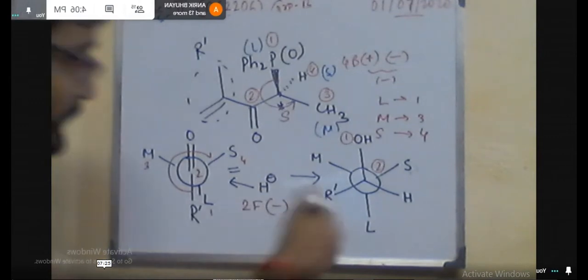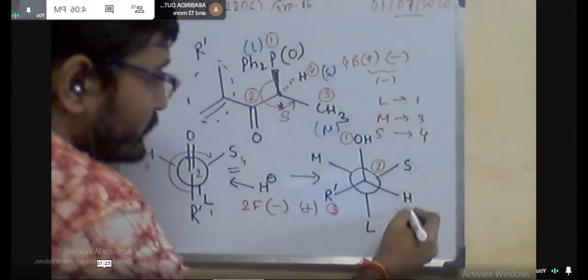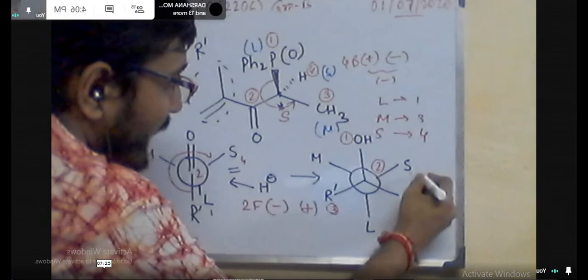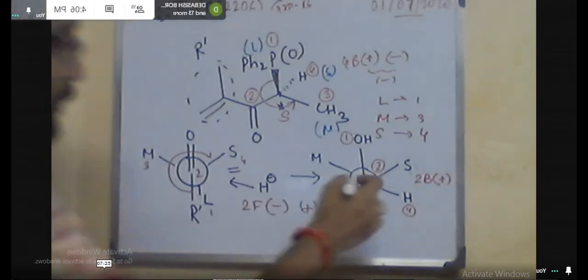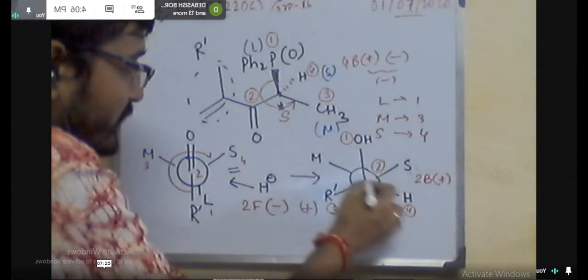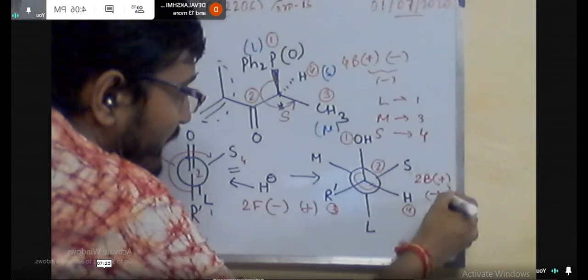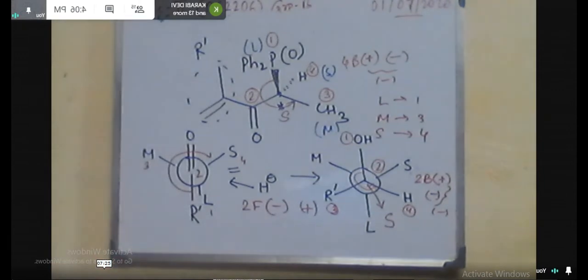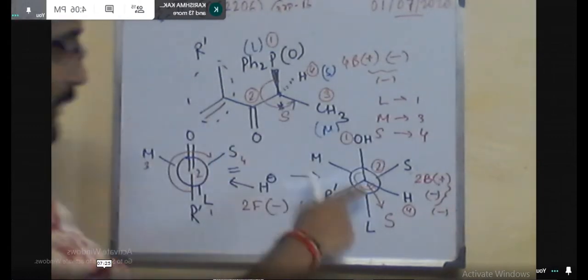Now we are dealing with this position. And according to the CIP, you have found that this is 2, this is 3. Now the rotation or the configuration here should be S. So S means anti-clockwise rotation. So here you can see this is 2, 3, 4. The last group which I am substituting or putting here should be the least priority group, otherwise the rotation will be reversed.